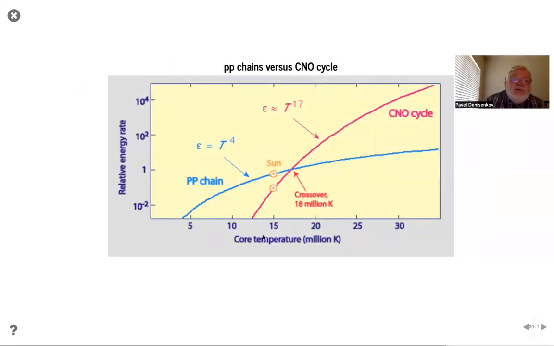Okay. So now, when we plot the energy generation rate in pp chains, the blue curve, and in the CNO cycle, the red curve, as a function of core temperature, meaning temperature at the center of the star, we see that the energy generation rate in the CNO cycle during hydrogen burning in main sequence stars becomes higher than in pp chains at a temperature around 17-18 million Kelvin.